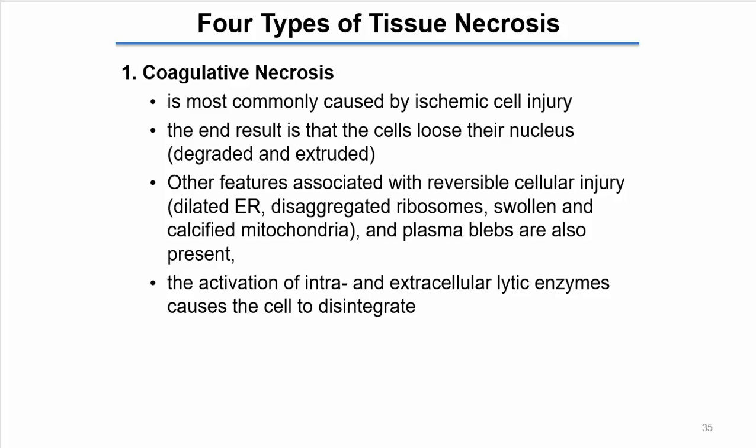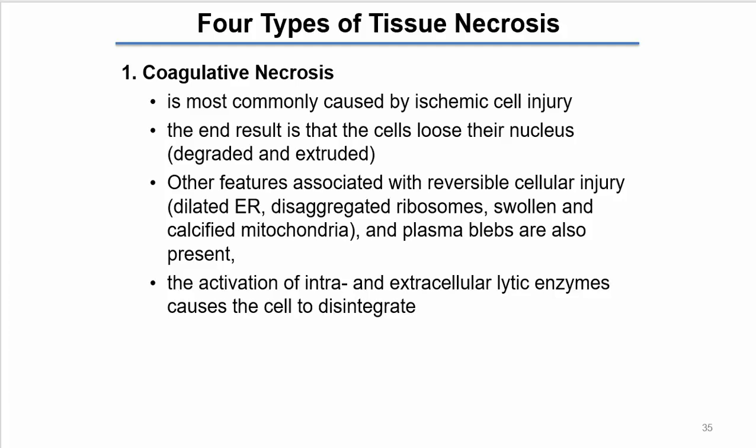One is called coagulative necrosis. Coagulative necrosis is usually what happens when we have ischemia, which is the most common cause of cellular death and necrosis. So therefore, coagulative necrosis is the most common type of necrosis. What happens is the nucleus breaks down and is degraded. Sometimes it's extruded, it's out. So the cell has no more nucleus. So for all intents and purposes, the cell is dead.